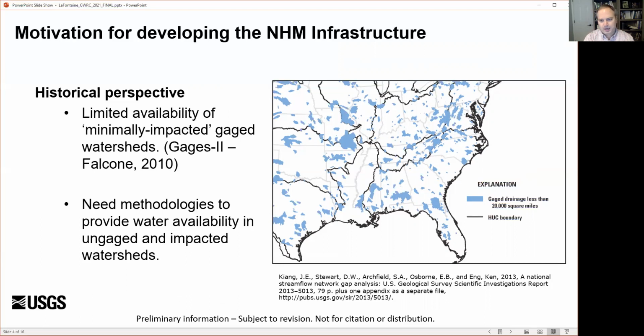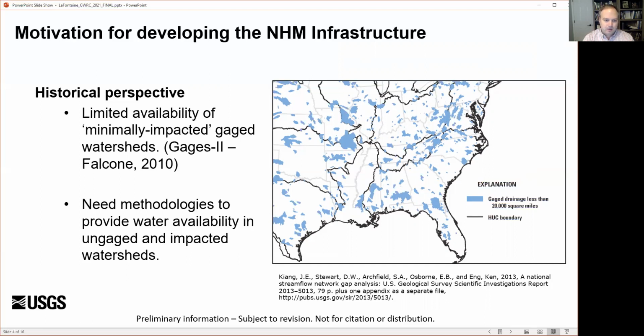When we look at this image for the Southeast United States, those bluish areas are the watersheds that are encompassed by the reference gauge network. We see that there's a lot of white area that may either not have a stream gauge collecting data in it, or those are areas where we have non-reference streamflow information with some kind of impacts to the flow record.